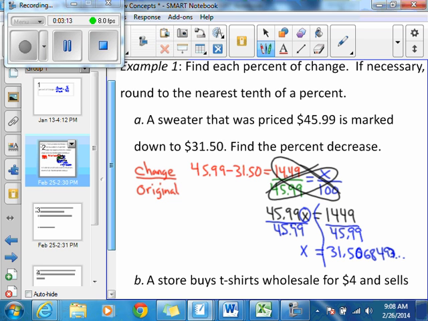The directions say round to the nearest tenth of a percent. So the tenths place is right after the decimal point. That 5 is in the tenths place. Look at the 0 next to it. That 0 next to it tells me to keep it the same. So my percent is going to be a 31.5% decrease in price.